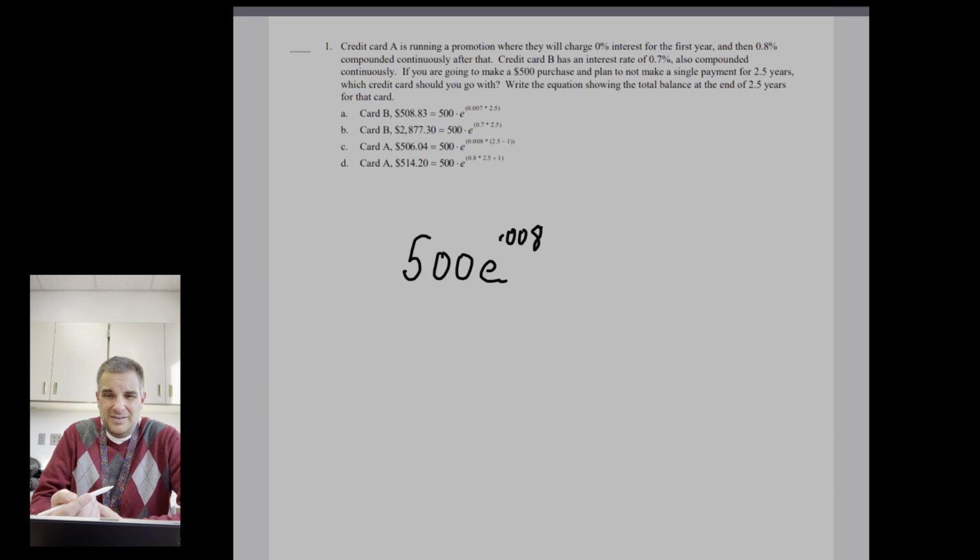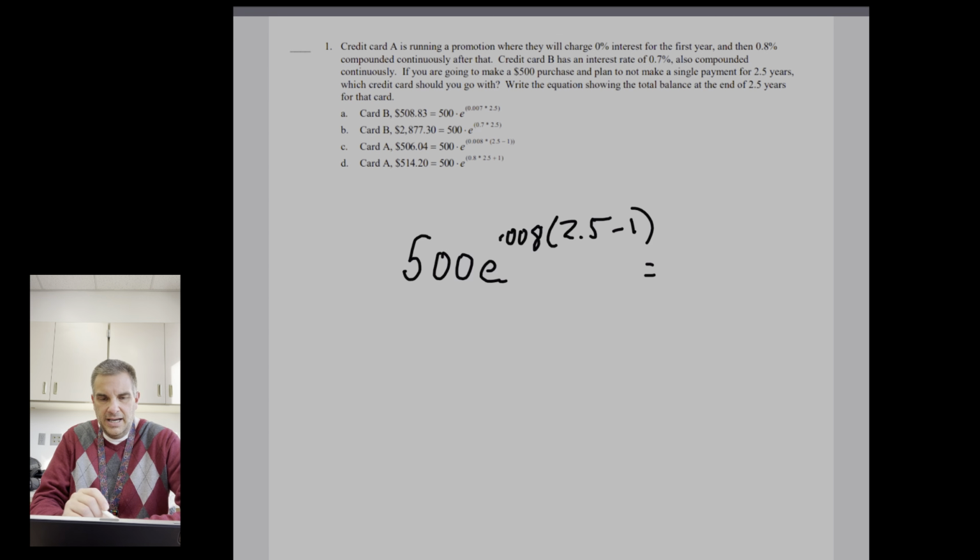Now it's 2.5 years total, but we're only really going to have the 8% for 1.5 years, because they don't do it for the first year. So you could write that as 2.5 minus 1.